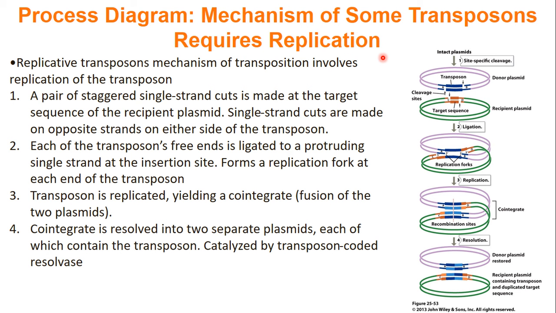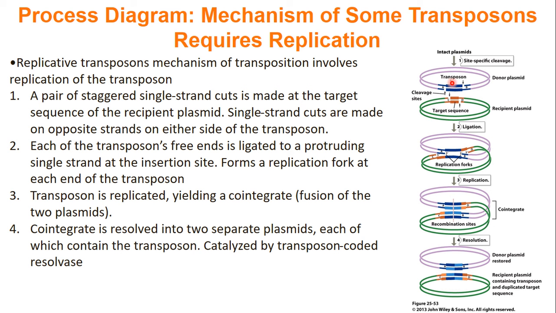So let's look at a type of transposon that requires replication to work. Here, let's say we are replicating DNA, and now we have 2 copies of our DNA, purple and green. And we have our transposon here in the purple.